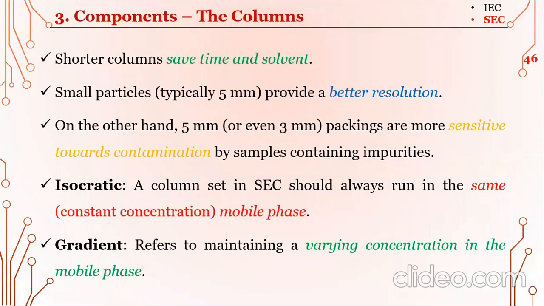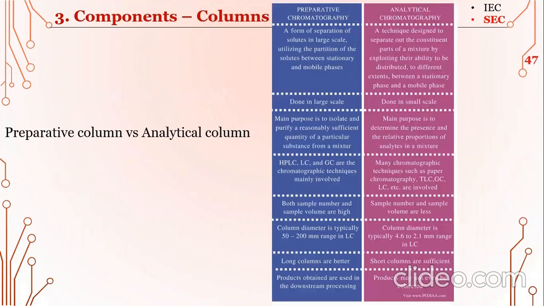So next is the difference between the preparative column and the analytical column. So we have two types of columns now, the preparative and the analytical. What actually preparative column means, that is a form of separation of solute, like इसको simple we can understand from here, to start from here.